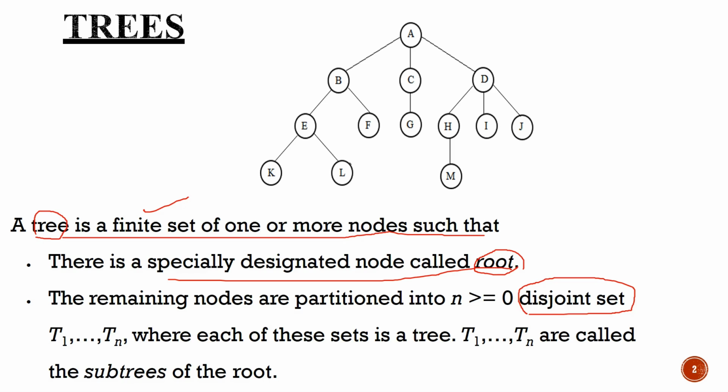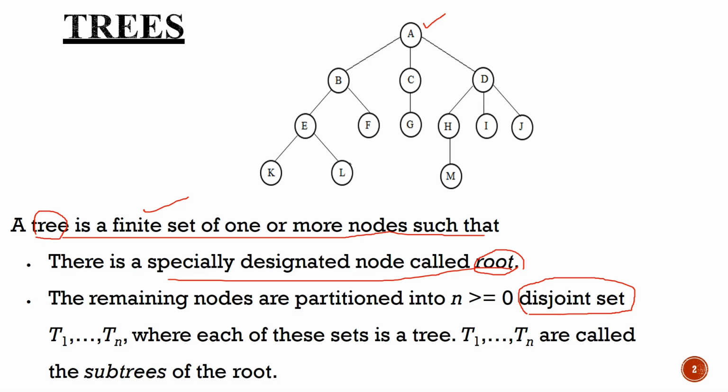Whenever we go at trees, the root node is the one for which no incoming edges are present. If we take this example here, the first node A is called the root node because there are no incoming edges to it. The edges mean the branches, if you can see.